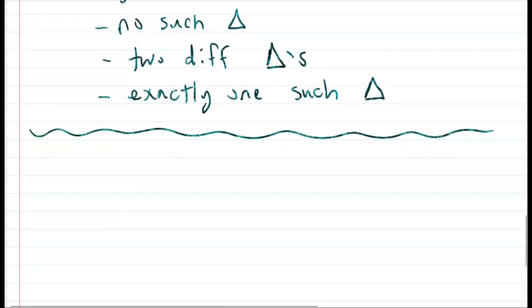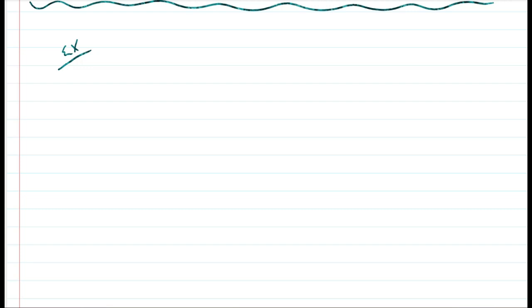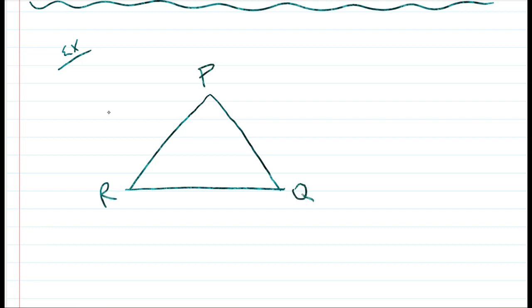Okay, let's look at another example. Here we have triangle PQR, with P, Q, and R labeled as such. We know triangle PQR has an angle P which is 63.5 degrees.